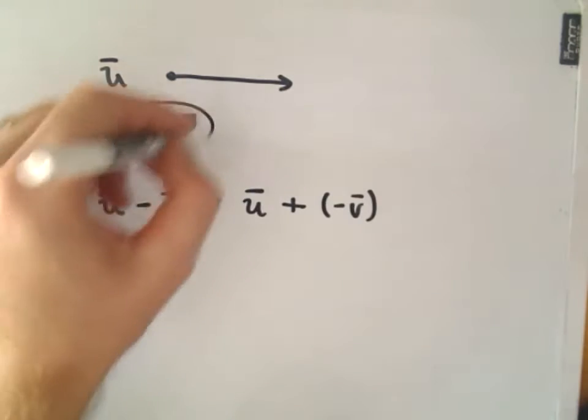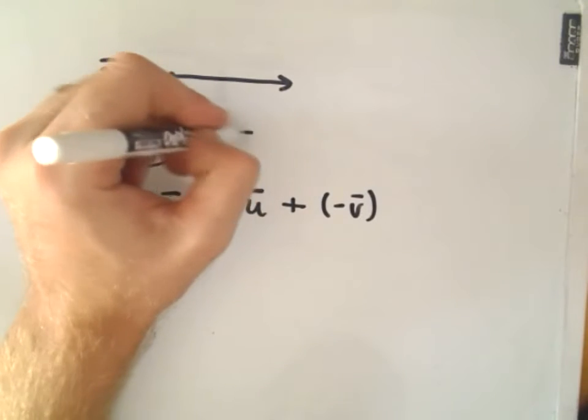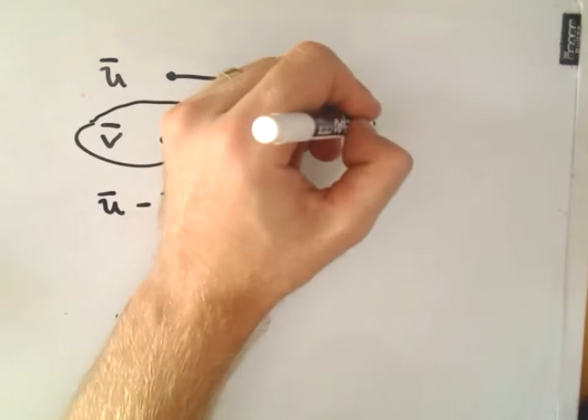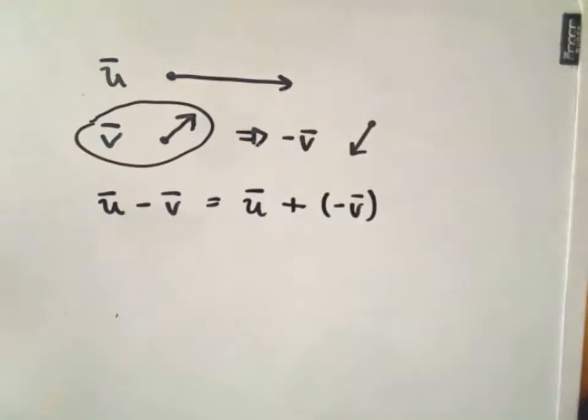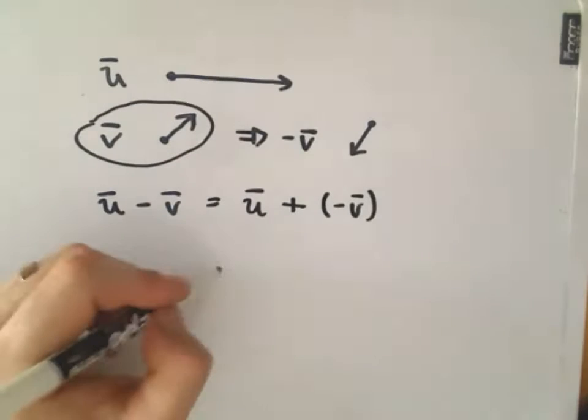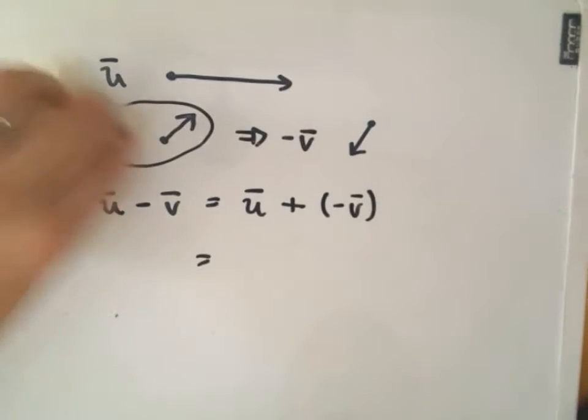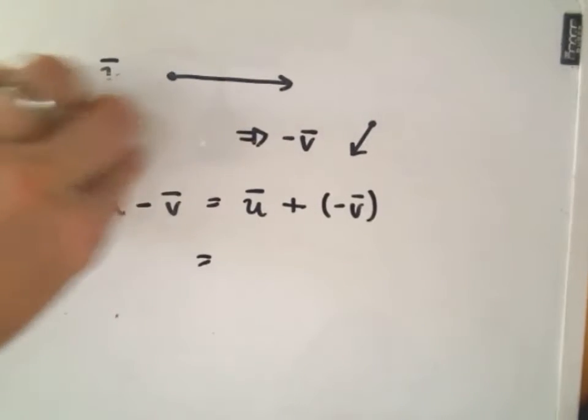Well, if this is our vector v, then the negative of that vector keeps the length, but it just changes its direction. So now we can think about it again as being vector addition, just like we did a second ago, and we can do the tip-to-tail procedure.